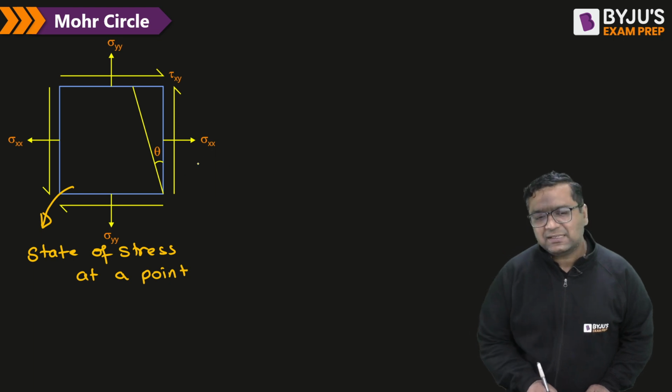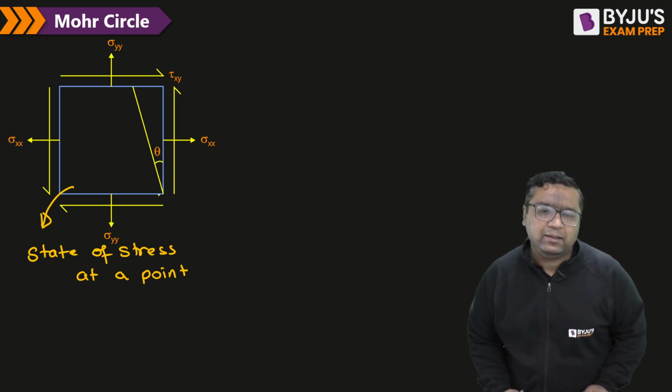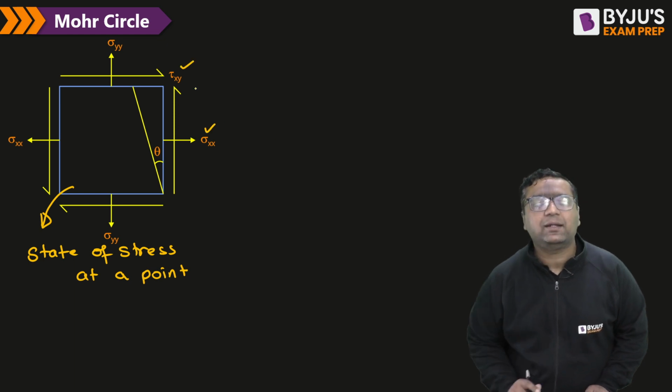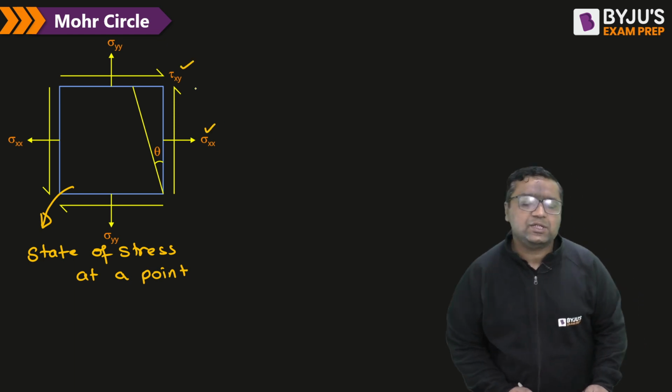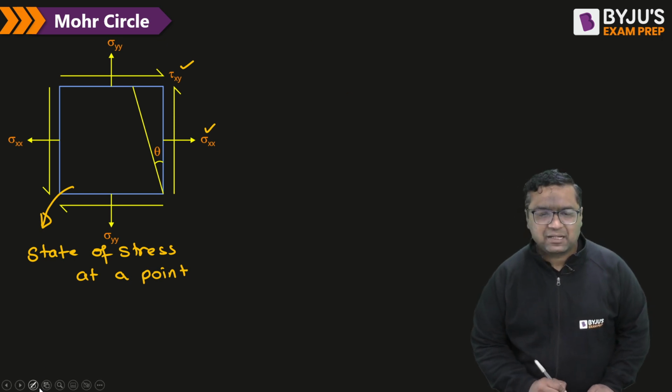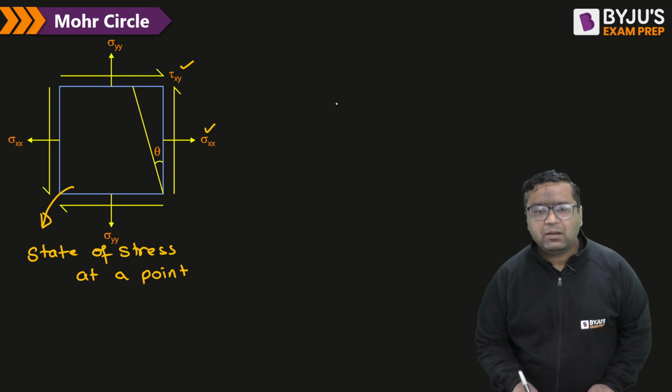Here you can see normal and shear both are acting, so this type of loading condition is said to be combined loading. Now we will go step by step on how to plot the Mohr circle.